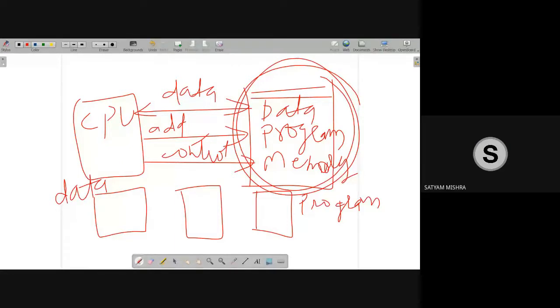Yes, sir. Okay. So this is the von Neumann architecture, and see the Harvard architecture. In the Harvard architecture, your data memory as well as program memory are different. So to access your data memory, you have separate buses, and to access your program memory, you also have separate buses.